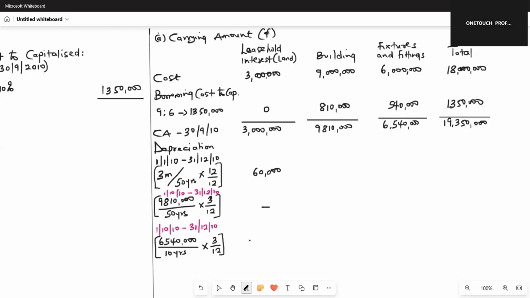What are the figures and numbers? 49,050.